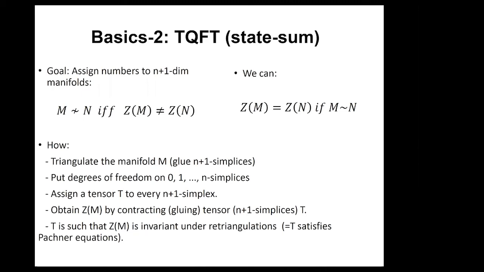It's the same manifold topologically. You can write a local condition for this T, which is called Pachner moves or Pachner equations. So this tensor T will satisfy equations implied by Pachner moves, which we will go through.